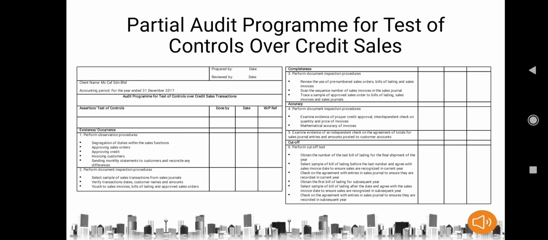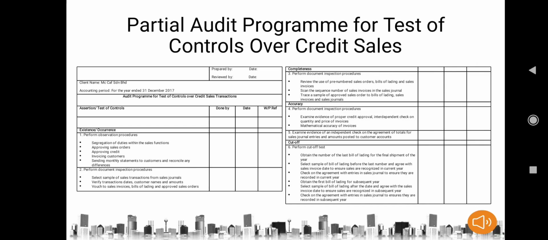Okay, for this page, I will show an example of a partial audit program for the test of control over credit sales. As we can see, the date and the names of the persons who prepare and review this transaction are very important. And next, the client name and accounting period must also be put at the top of this table.